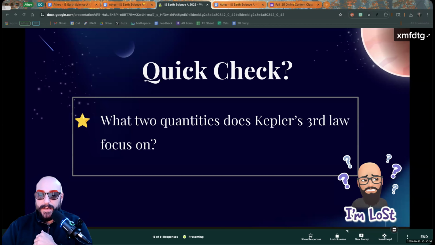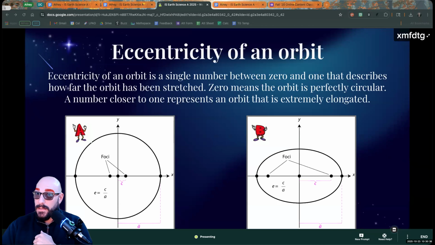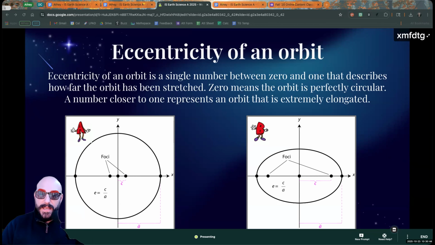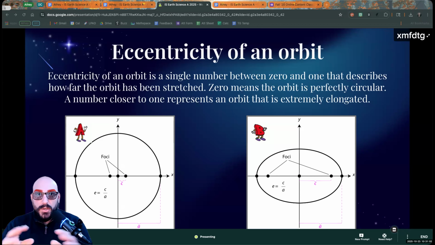Good. Okay, now let's look at eccentricity. It is a ratio, okay, comparing the distance from either focus to the center of that ellipse. So the way an ellipse actually works is there's two foci.